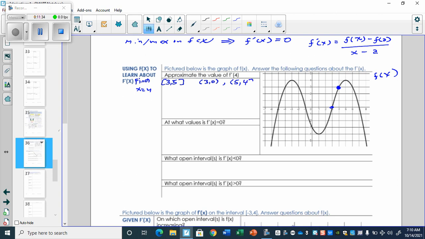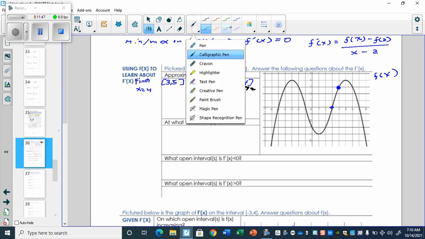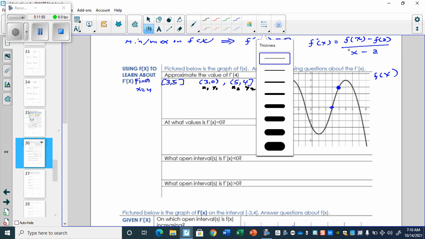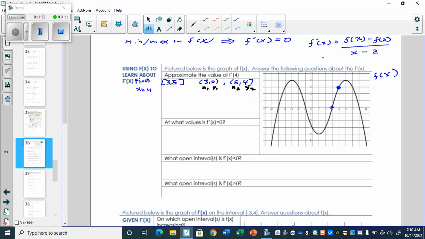And I use that to approximate f of 4, because this is my x1, this is my y1, this is my x2, this is my y2. If we were referring to the theorem that I just brought up, this would be x, this is f of x, this would be a, and this would be f of a, or interchangeably, it doesn't really matter. So you understand that we're basically using the slope formula to find derivatives at a point.